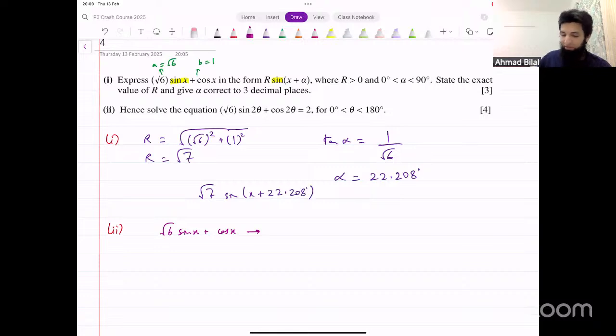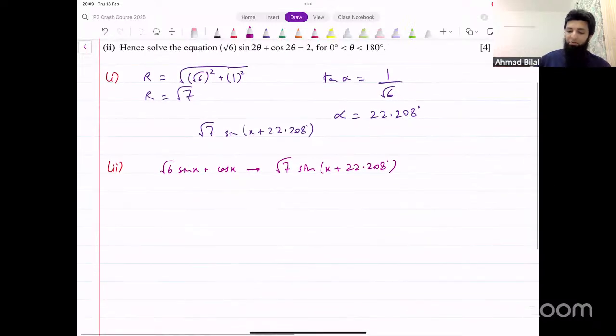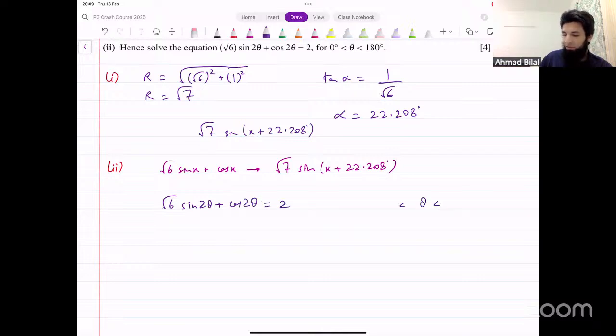We've done this conversion in the first part. Now, in the second part, they're saying, hence solve this equation, square root of 6 sine 2 theta plus cos 2 theta is equal to 2, and the interval is from 0 degrees to 180 degrees.